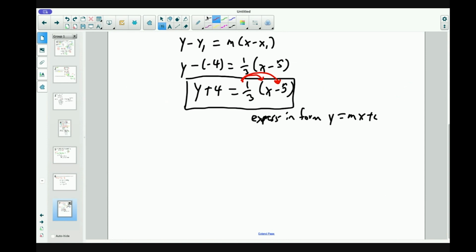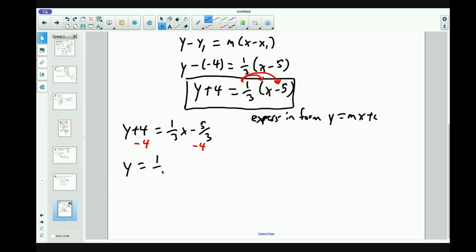Our first thing that we're going to do is just expand our brackets if we want. Again, some people like to expand the brackets, some people don't. I actually wouldn't expand the brackets in this case. I'll just expand them first and I'll show you a shortcut afterwards. So if I expand the brackets, I get 1/3 x minus 5/3. And then here we're going to subtract 4 from both sides.